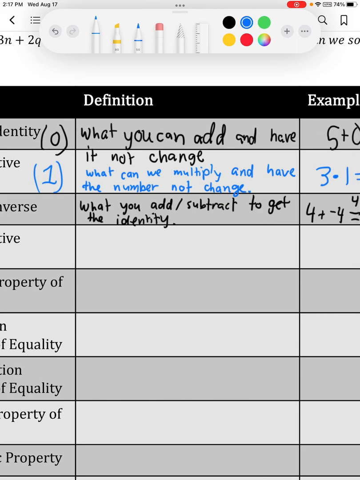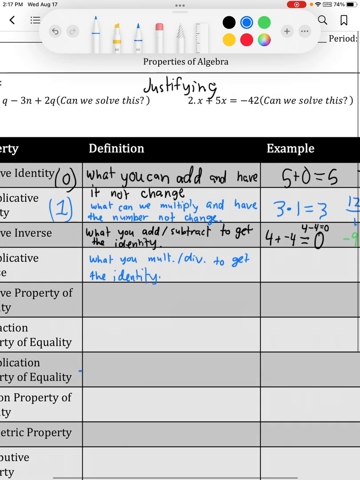We can use the same logic for the multiplicative inverse. What you multiply or divide to get the identity. So, for example, if we had, say, something like 15, and we want the answer to be 1, what do we multiply or divide to 15 to get 1?